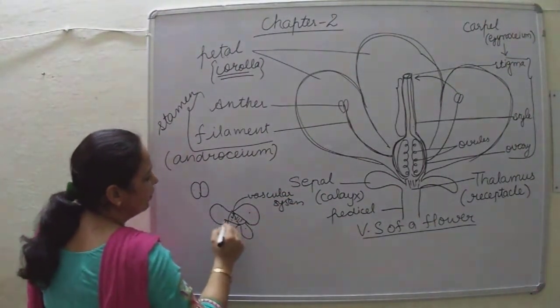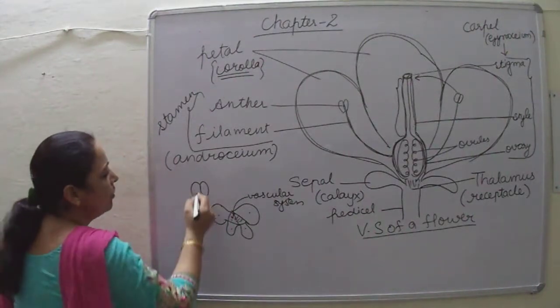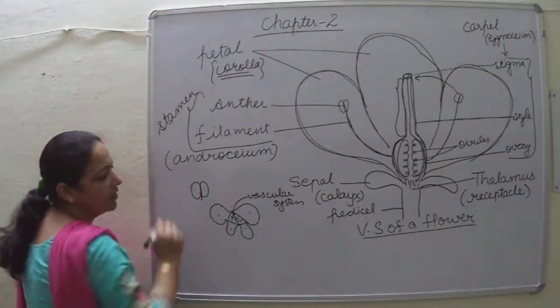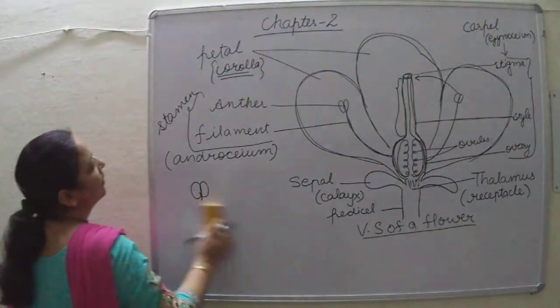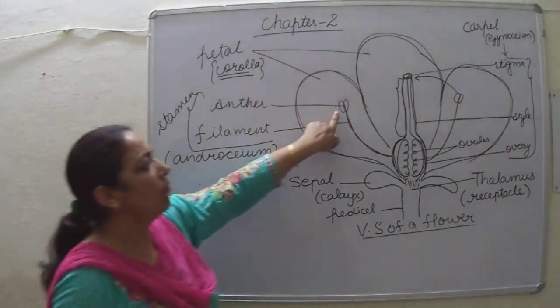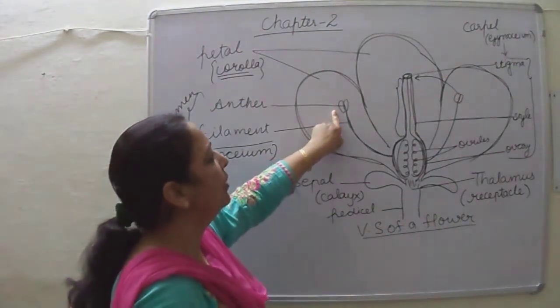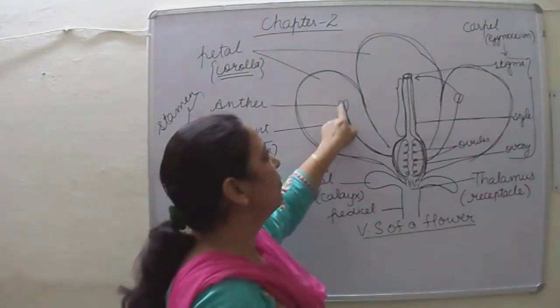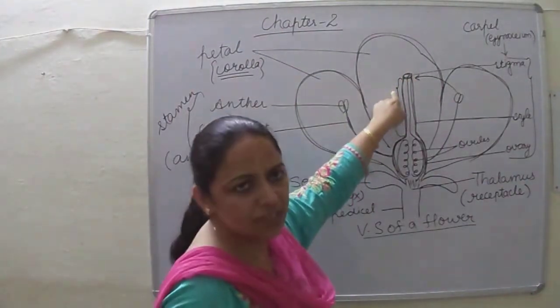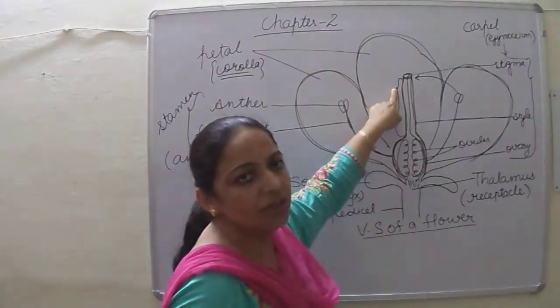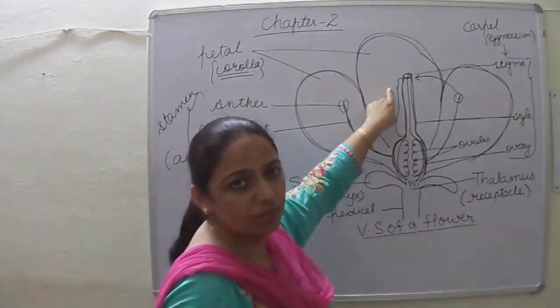From outside we can see a bifurcation in these lobes. Pollen grains are formed in these anthers, and the pollen grains are transferred from here to here by the process of pollination with the help of insects, wind, or birds.